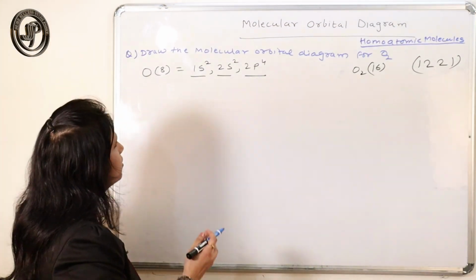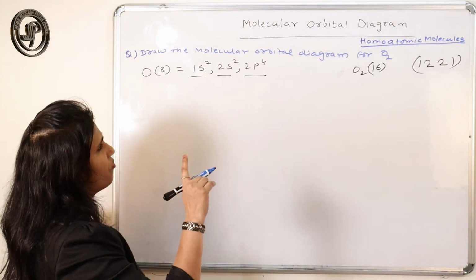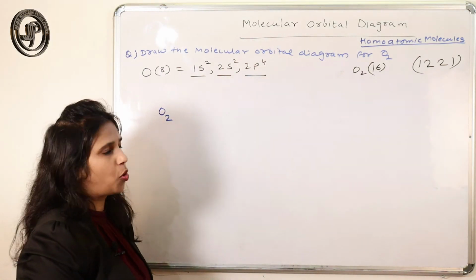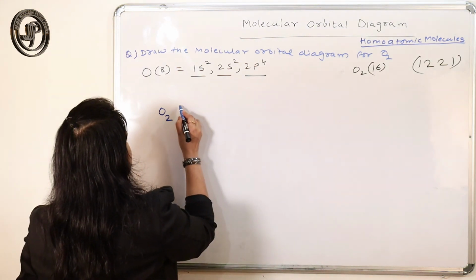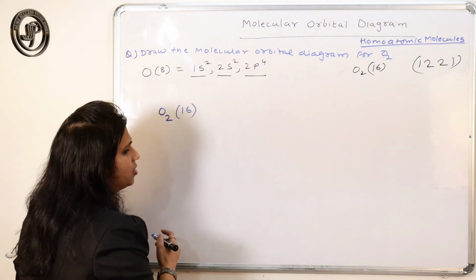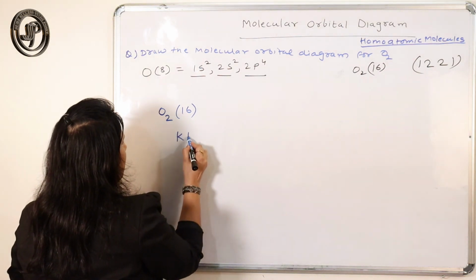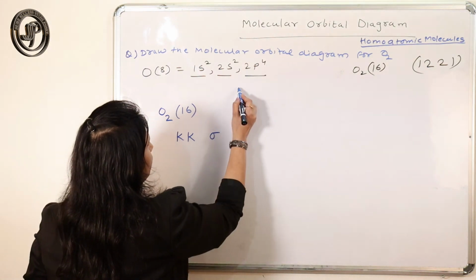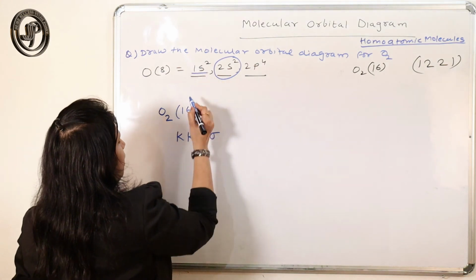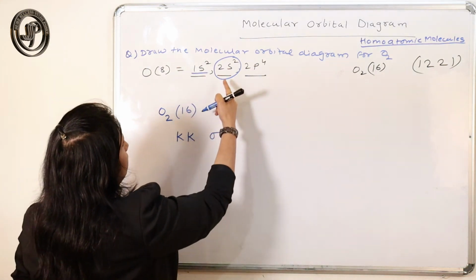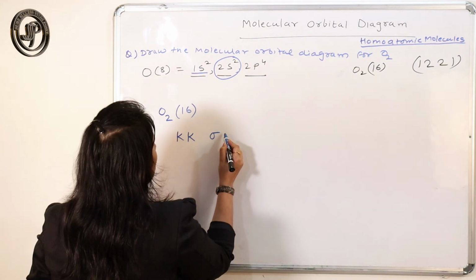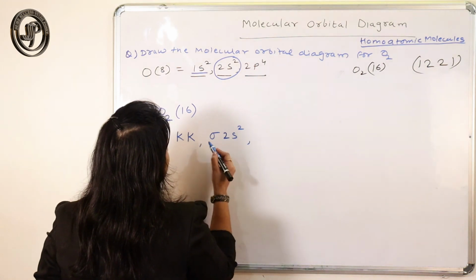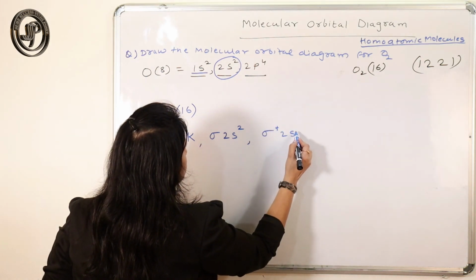So what is the major difference between the molecular orbital configuration of O2 and N2 that we found? If we want to write the molecular orbital configuration for O2, 16 electrons are present in O2, so we can write KK and then the outermost configuration, sigma 2s2 and then sigma star 2s2.